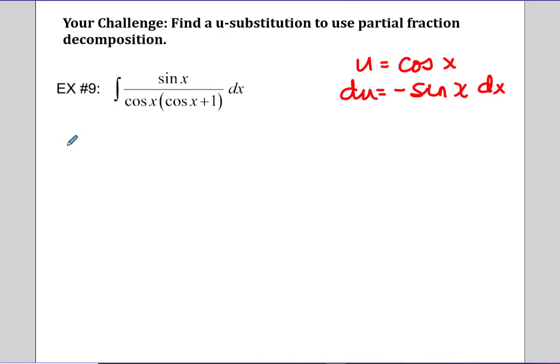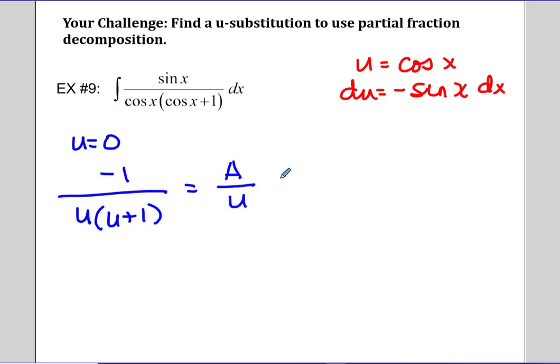So we have negative 1 over u times u plus 1. Got a over u and b over u plus 1.